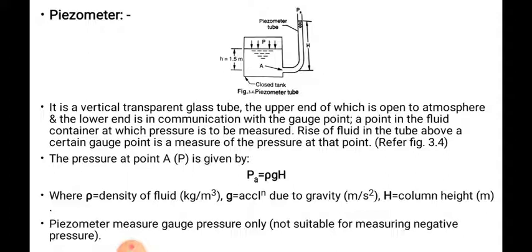That is why we have connected one limb of a glass tube to the surface of the pipe. It is a vertical transparent glass tube, the upper end is open to the atmosphere, and the lower end is connected to the gauge point, a point in the fluid container at which pressure is to be measured.